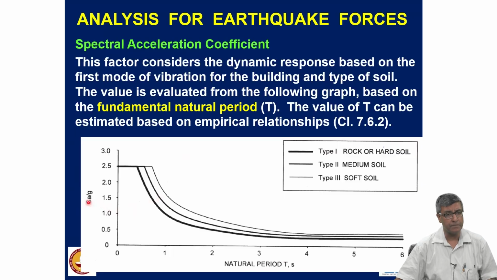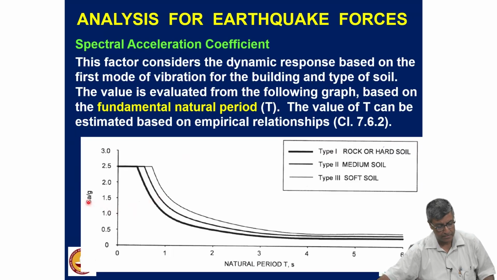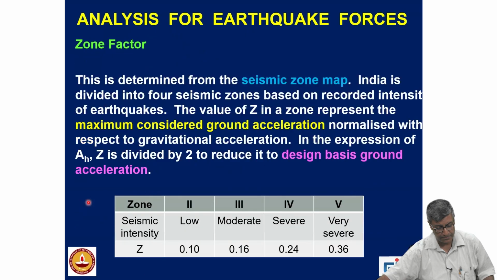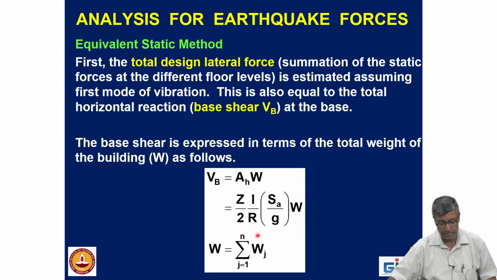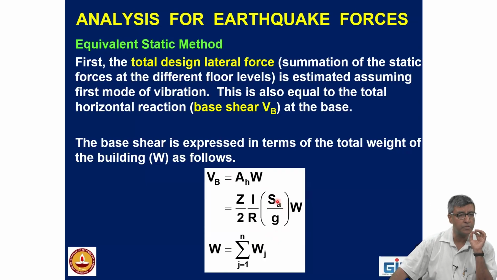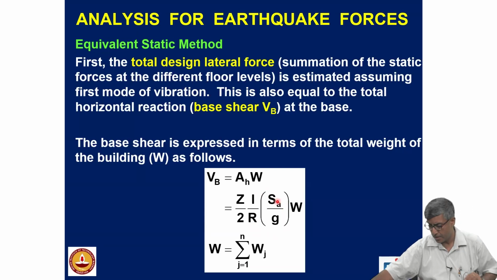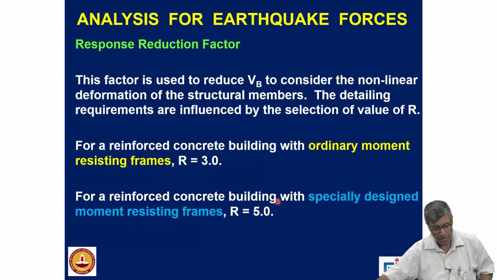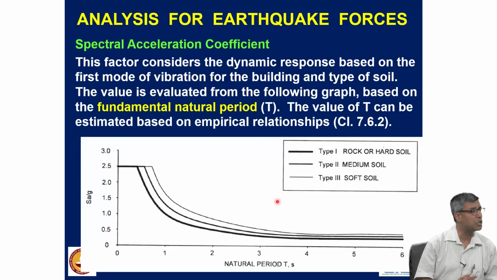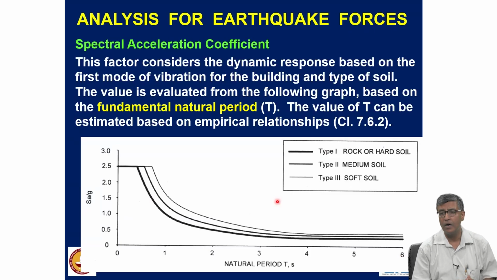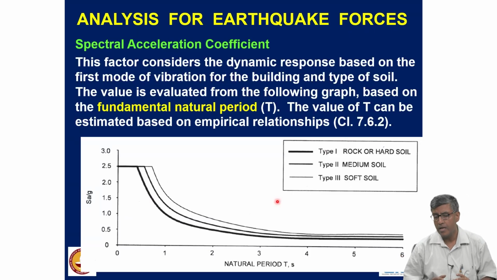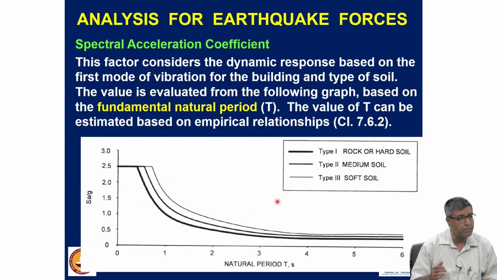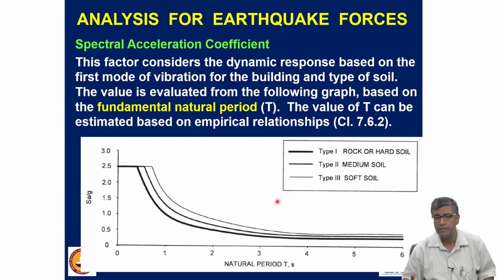Now, the Sa by g, let me just go back once again. This particular value, I would say, is the most important value, which quantifies the dynamic effect on the building. From your high school knowledge, you can think that this is equivalent to the resonance of a vibrating system. Given that the earthquake is highly erratic in nature, these types of design spectra, which are smoothened curves, have been suggested, which are a function of the time period.